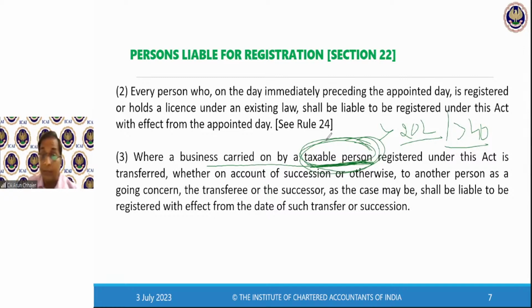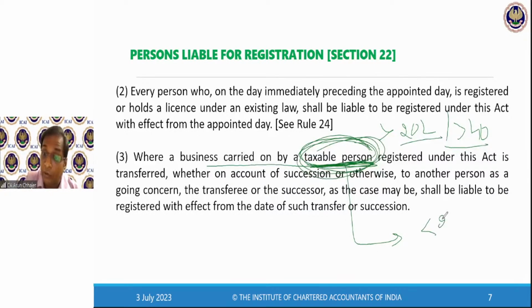Already answered. Subham, the words written are taxable person. You are asking the same question which Muhammad Bilal asked. What is the meaning of taxable person? A person who is registered in the GST or liable to take registration in the GST.